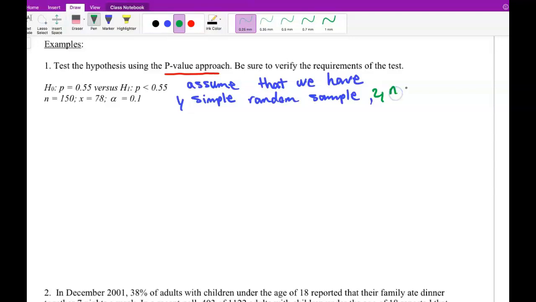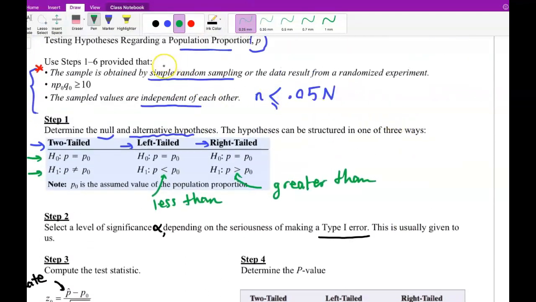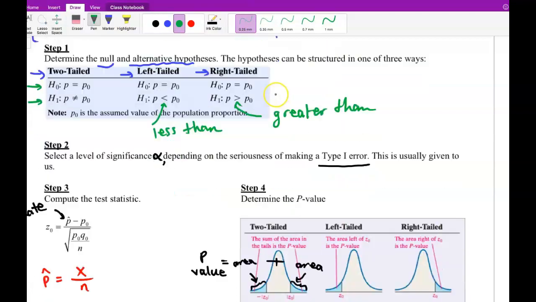What that means is n is less than 5% of the population size. So I assume that I have the first one, and these are independent, so I have the third one.